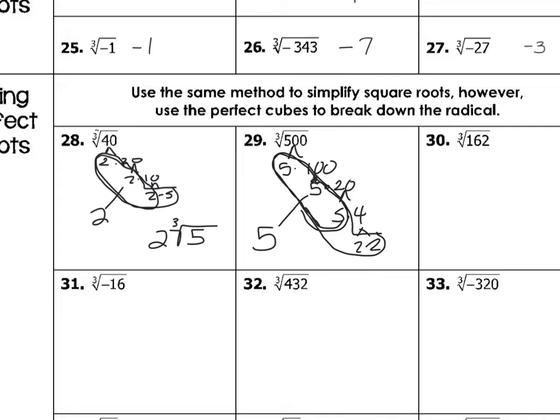And this 2 times 2, I don't have another 2, so they're going to have to stay home. And 2 times 2 is 4, right? So they stay home, and 5 comes outside. If I don't have enough to come out, then I just multiply it back and put it in the house.